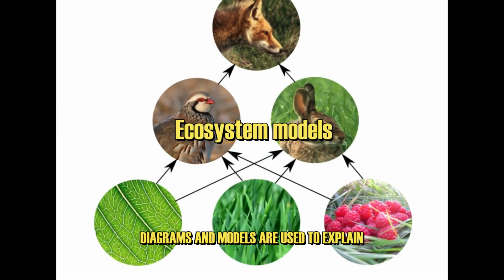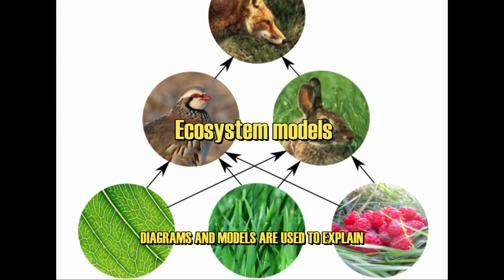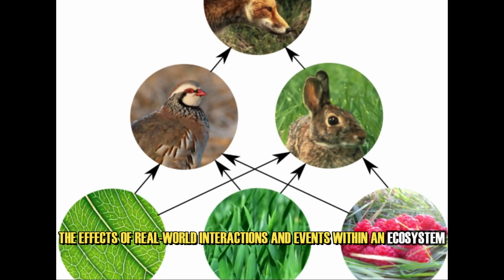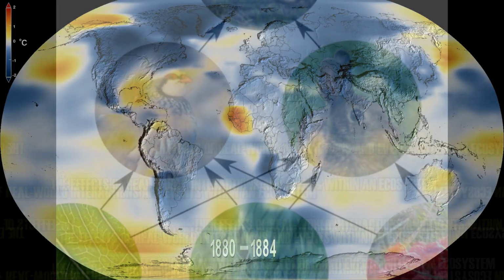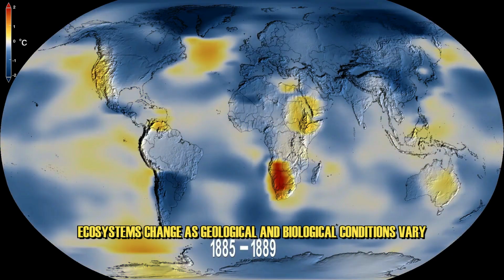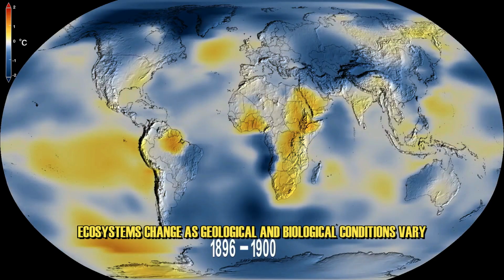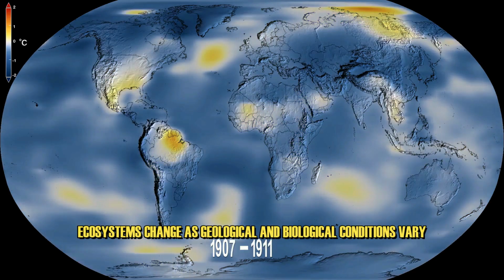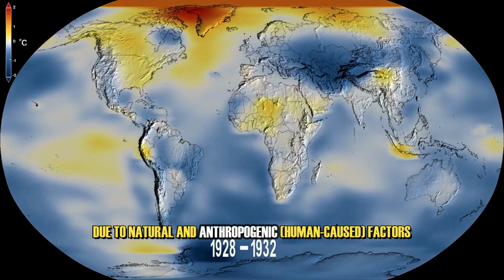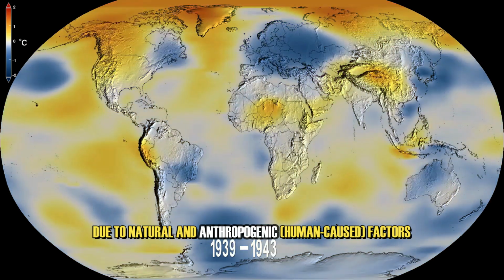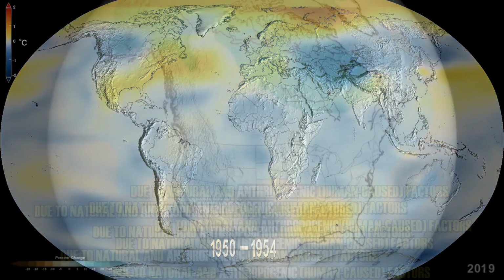Diagrams and models are used to explain the effects of real-world interactions and events within an ecosystem. Ecosystems change as geological and biological conditions vary due to natural and anthropogenic, human-caused factors.